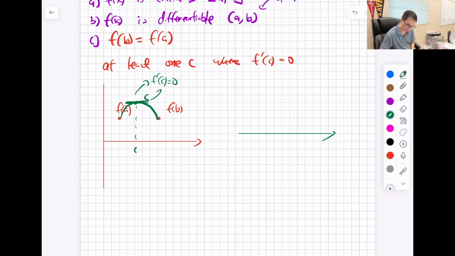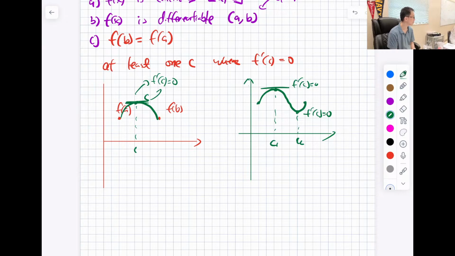Or you can have more than one. It could be like this and this. You could have something like this, right? This is f prime of C equal to 0, and this point is f prime of C equal to 0. So this is C1 and this is C2. So that's why they say at least one.